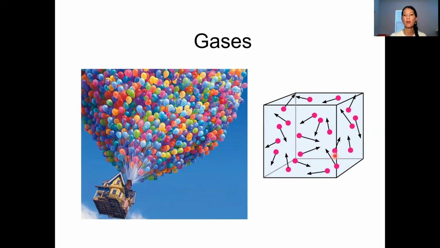Later, we can see that there are actual real gases where that does exist. But mostly what we consider gases are these particles that are just moving around at random, hitting the sides of a container. And it's that hitting the sides of the container that creates a pressure in that system.